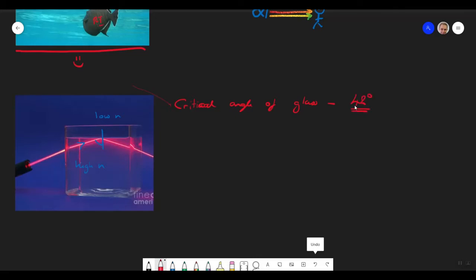So 42 degrees is the critical angle, and that means that if you have a ray of light, and here is some air and here is some glass, and that ray of light, let's have a rainbow colored ray of light, is coming in. Let's draw our normal.